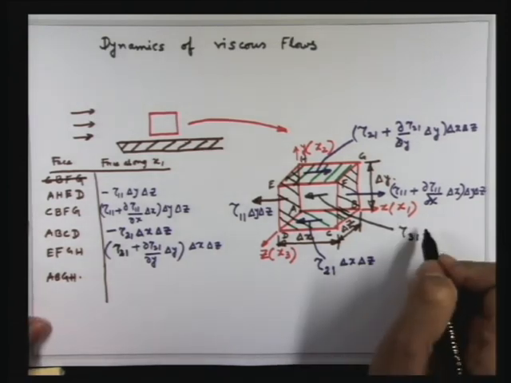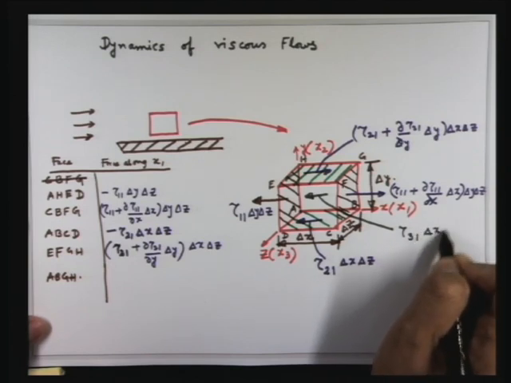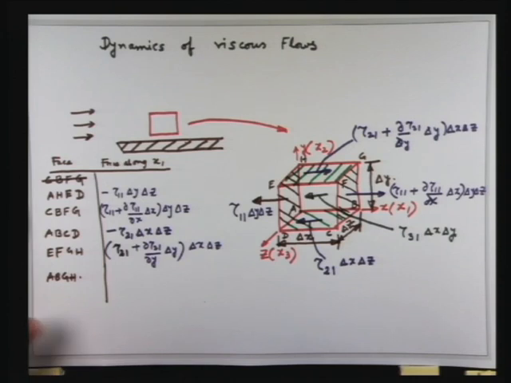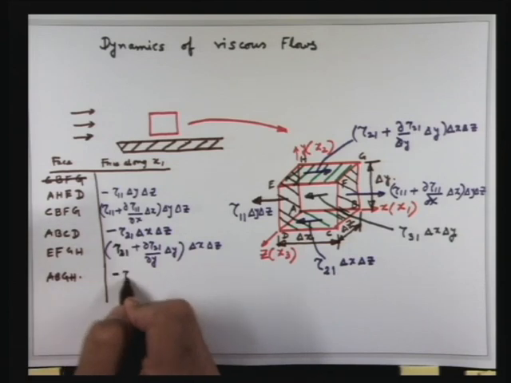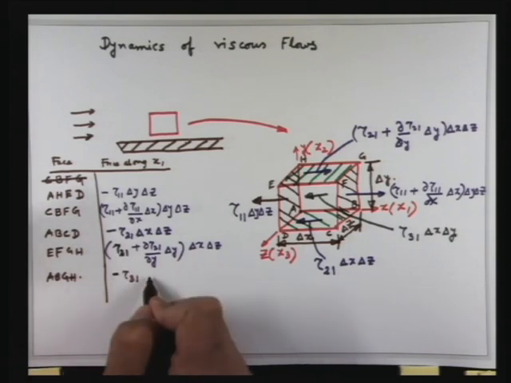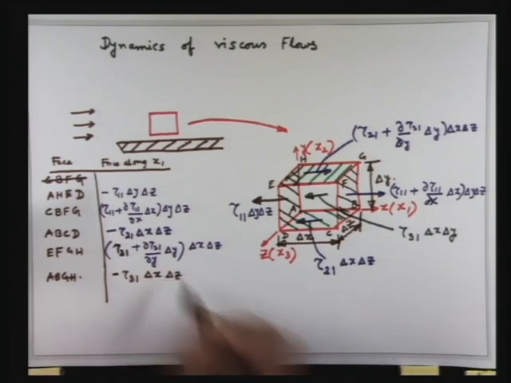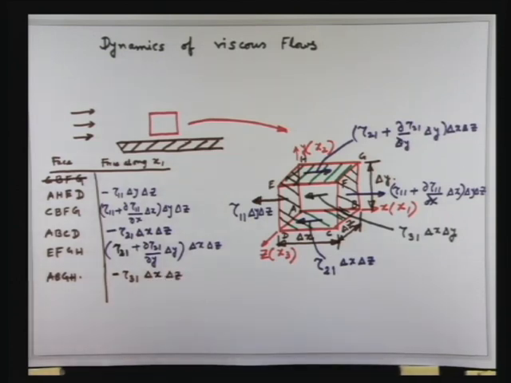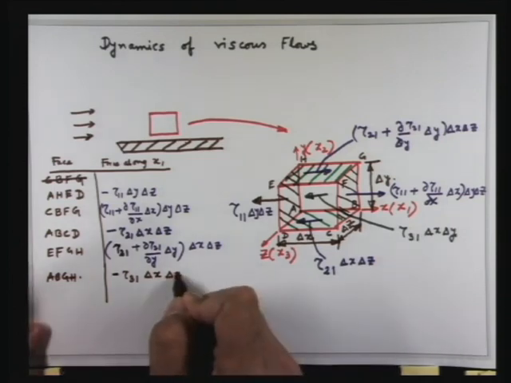Tau 3 1 into delta x into delta y. So let us write in this table minus tau 3 1 delta x delta y.